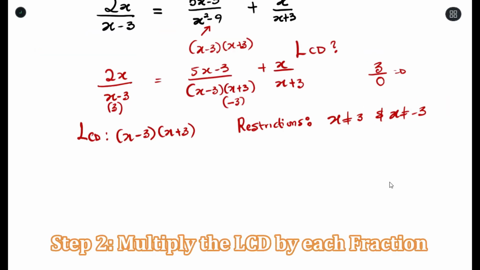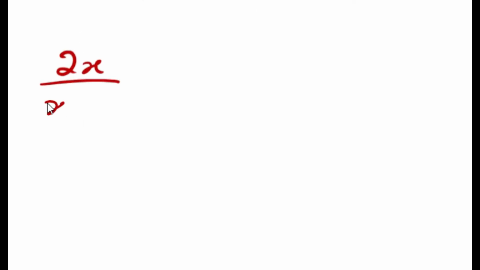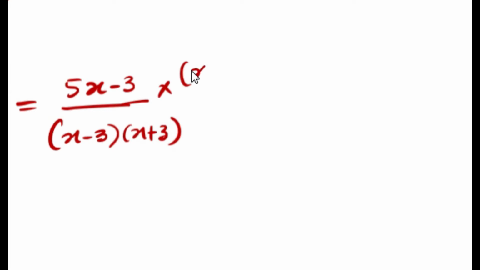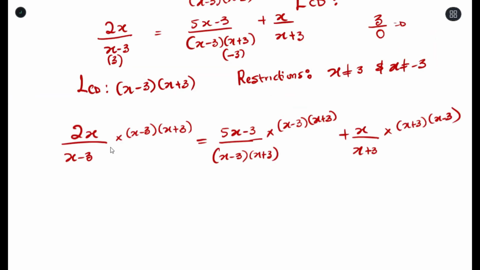The next step is to multiply each of our fractions by our LCD. So what will happen, this is what you get. Then we can cross cancel so that we make our work a little bit easier.